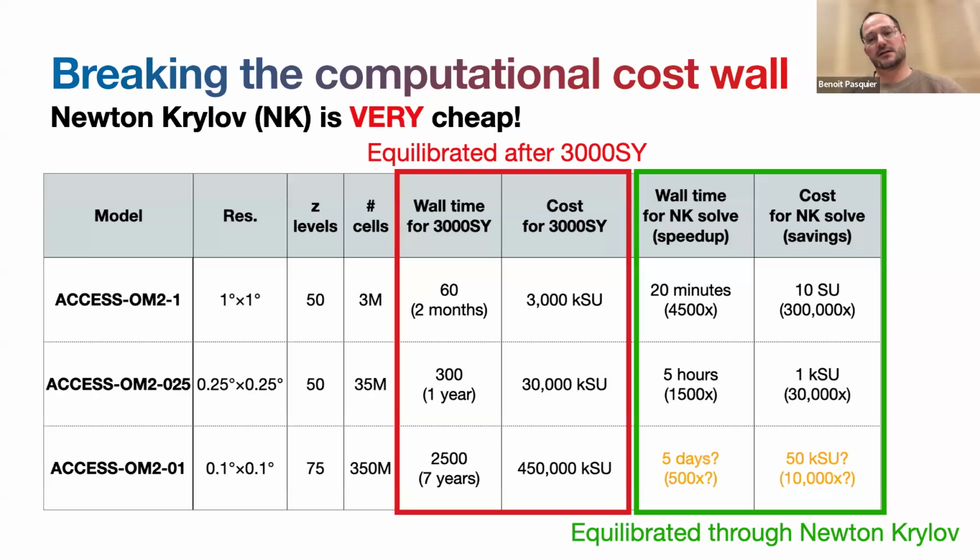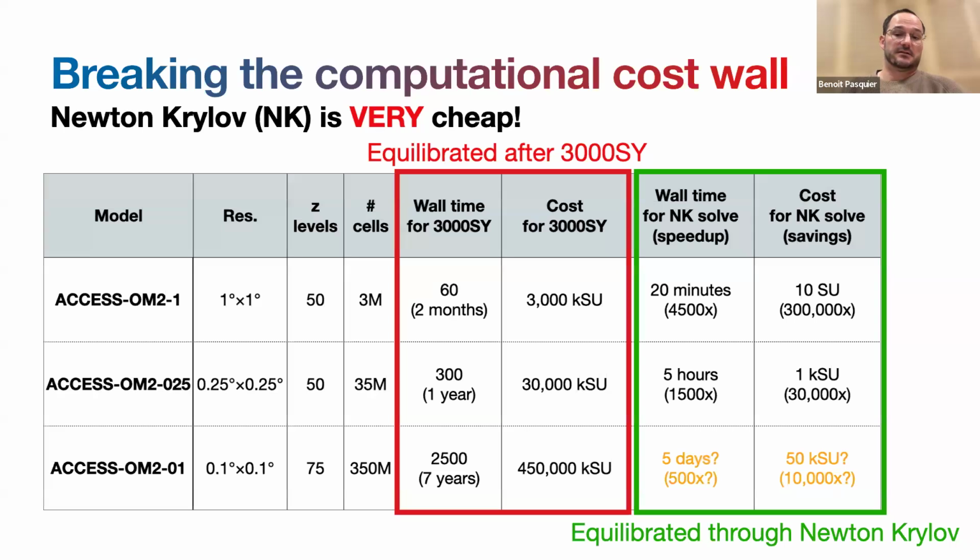There are other methods to accelerate spin-ups. There's one that we should definitely start using, which is called Anderson acceleration, which has a lot of advantages, and it typically gets you about 10x to 20x, maybe 50x savings in both speed up and resources. But this approach here is dramatically more efficient if it works, of course.